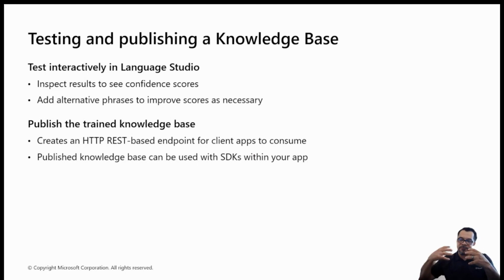So once you've defined your question base and the knowledge base that's going to be used to provide the response, then you want to test it. So you want to test your model based on some sample questions that you may generate to see how accurate it is. And if it's accurate, then we can publish it. If it's not accurate, let's say it's not providing the responses that you want, then you can go back in there and retrain and retest the model, maybe include some additional data for it to consider until you finally get that testing process to the point where you feel like it's giving the best possible answers.